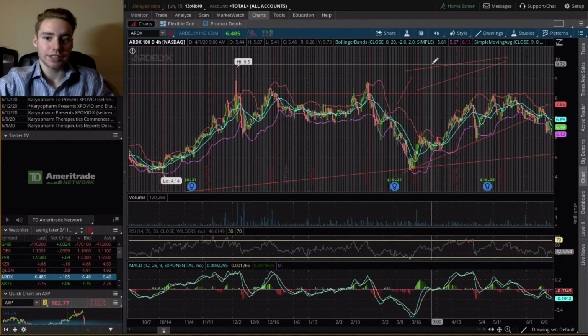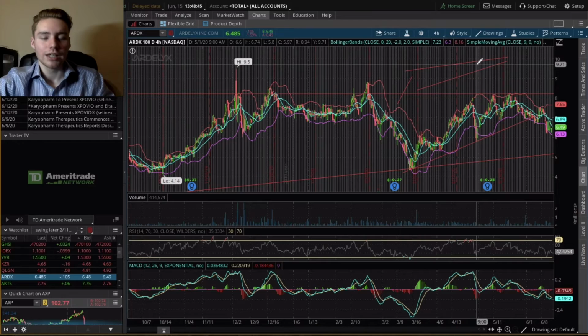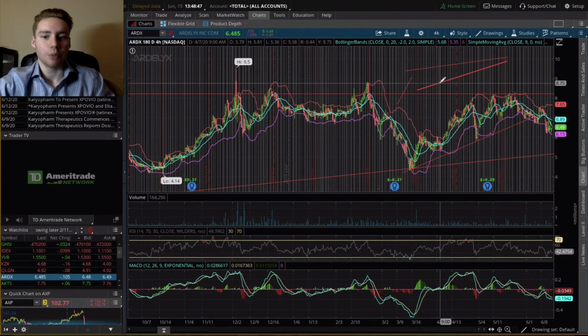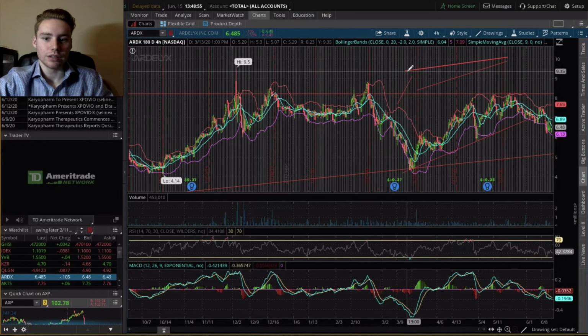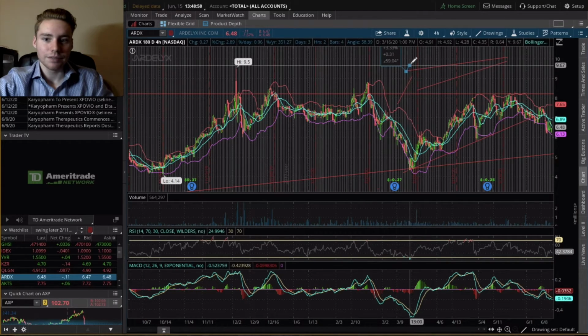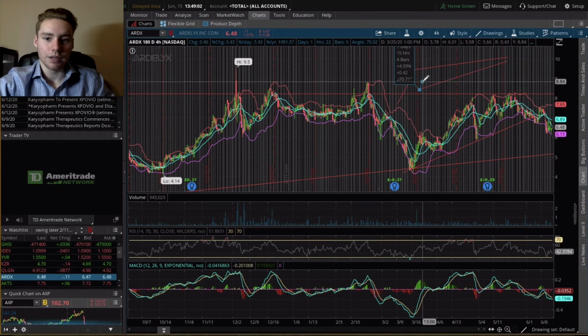Now the difference here again is that this is sloped. With a wedge, both the support and resistance are going in the same direction. The slopes are going in the same direction. So the resistance line is going up. The support line is going up.